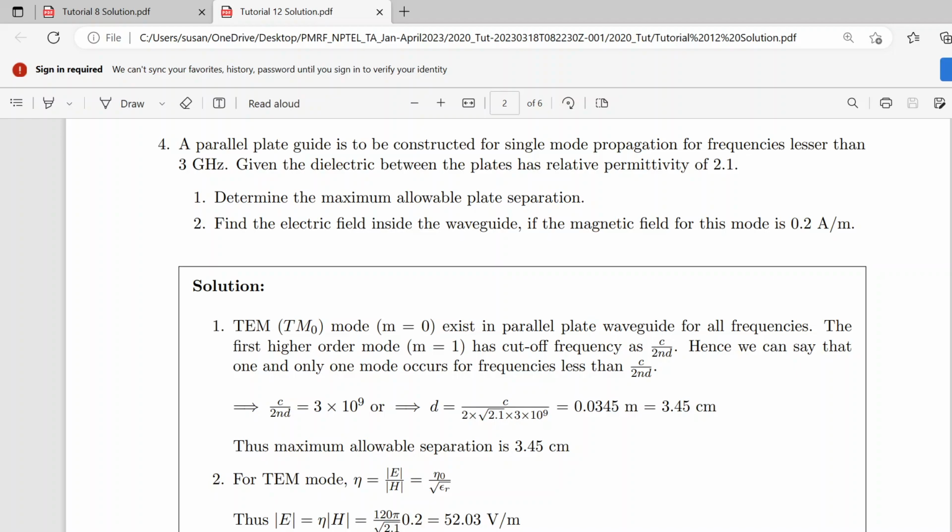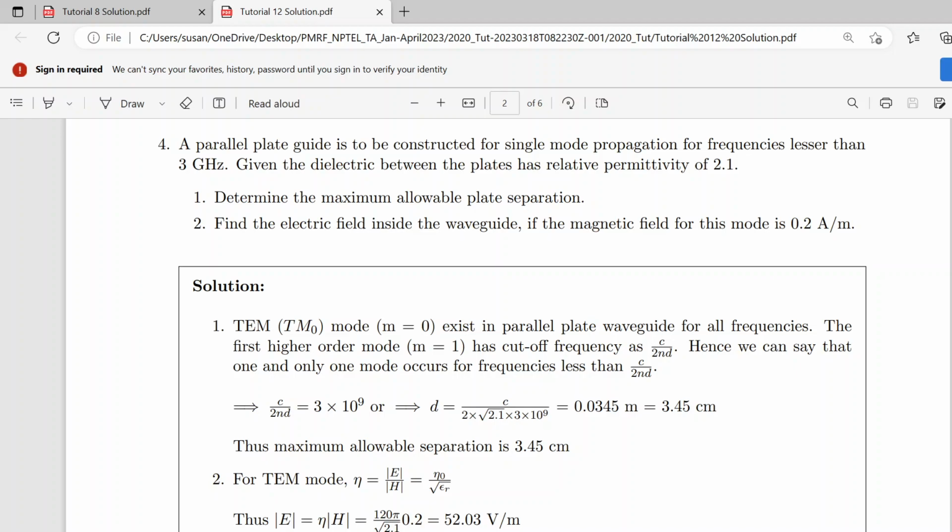When we say single mode propagation, the idea is clear, m is equal to 1. That single mode propagation is for frequency less than 3 gigahertz.